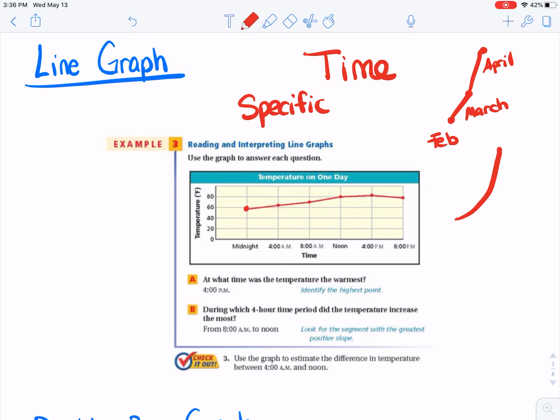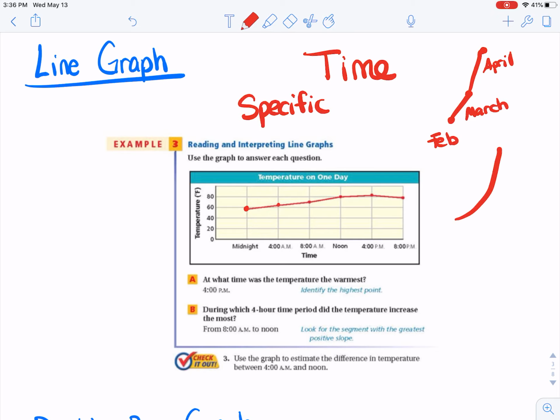It was measured at midnight, at 4 a.m., at 8 a.m., noon, 4 p.m., and 8 p.m. It wasn't them saying the temperature started out at 59 degrees and slowly increased during the day, getting to the highest part around 4 p.m., and then started to decrease again. That's not specific. If you remember way back when, that was a continuous graph. It was not specific, whereas a line graph is very specific.